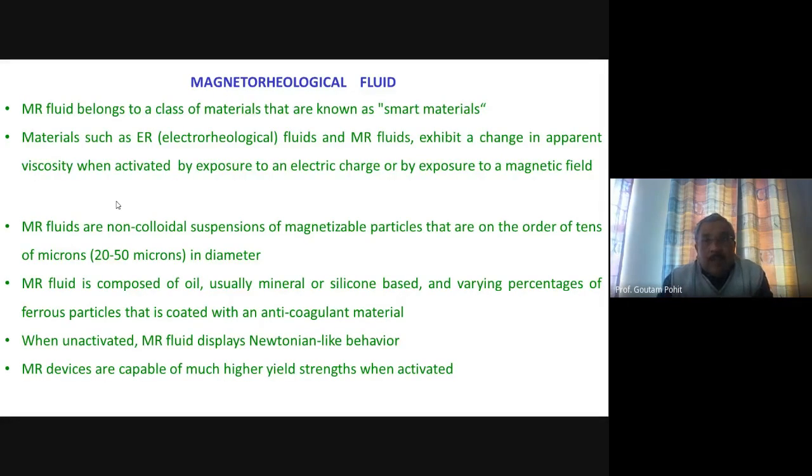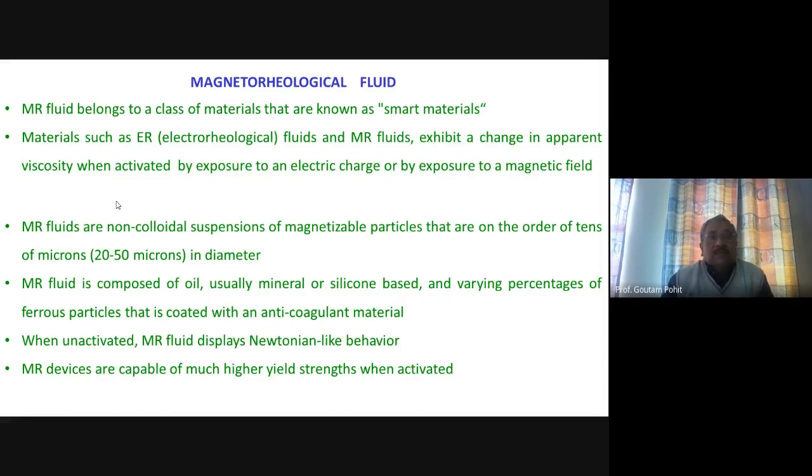Now, I talked about the semi-active magnetorheological damper. What was the heading of today's seminar? It is basically a semi-active suspension system damper. Those kinds of MR dampers usually use magnetorheological fluid.